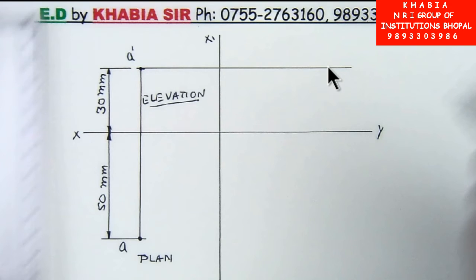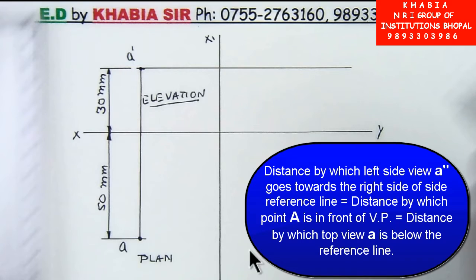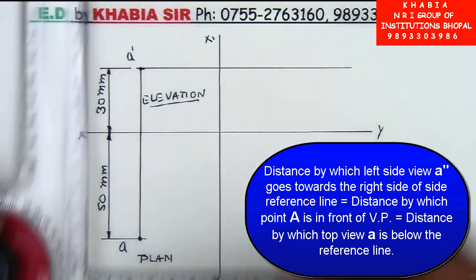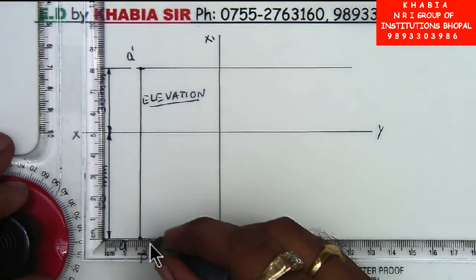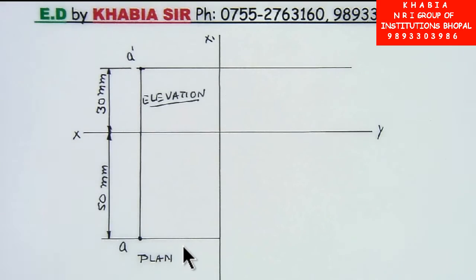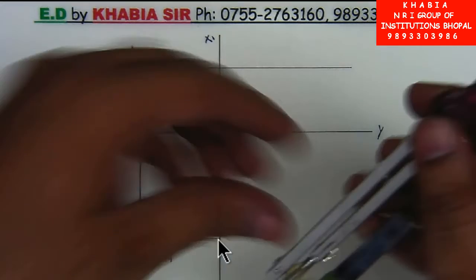The construction method for making the distance of the side view from the side reference line x1, y1 equal to the distance of the top view from the horizontal reference line xy is as follows. Draw a projector from the top view parallel to the horizontal reference line.